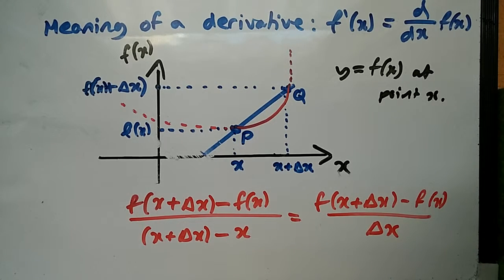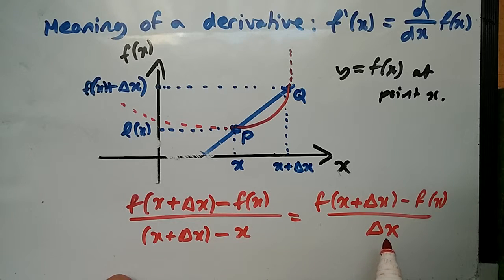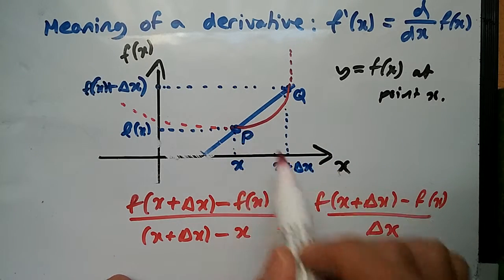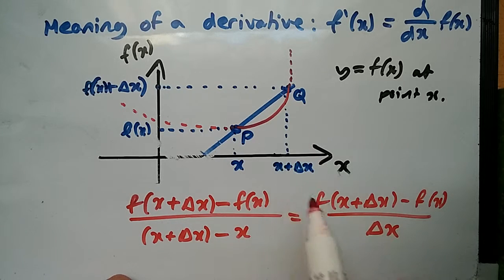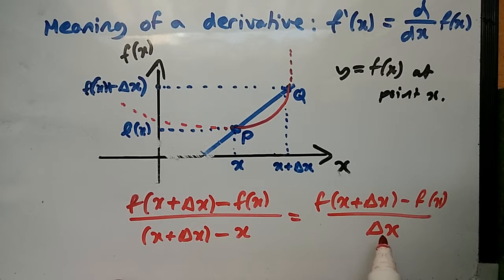And this, my guys, we can use to approximate the tangent line through P by moving Q towards P. In other words, as Q moves toward P, the delta x value decreases. This is where the limit definition comes in. Once we take the limit of this as delta x goes to 0, we have the derivative function.